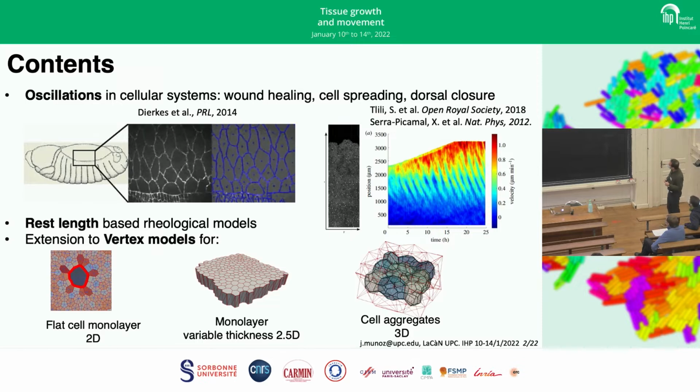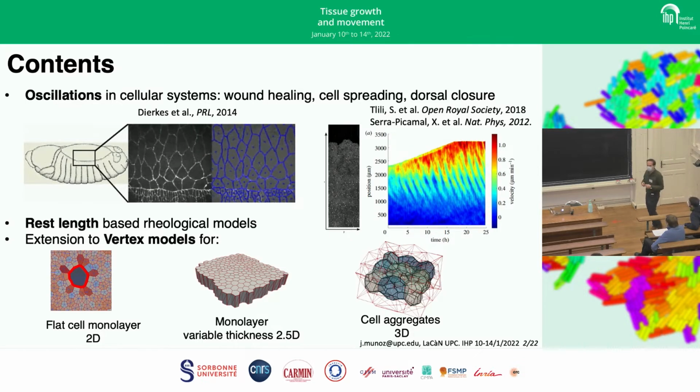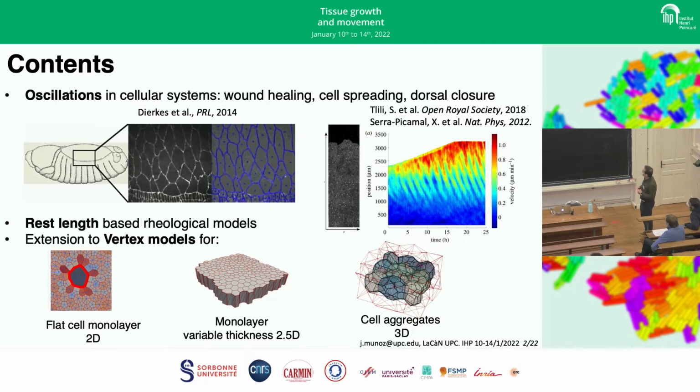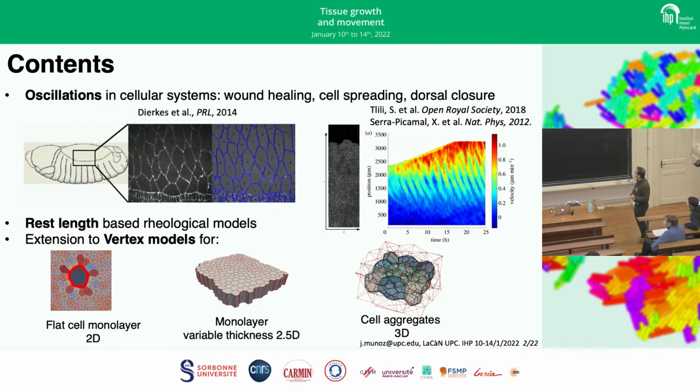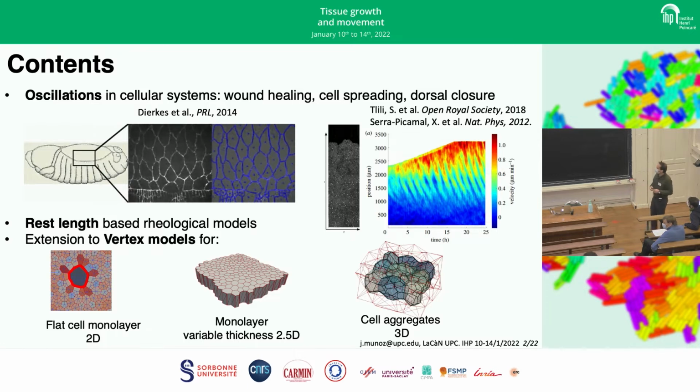The models that we have been using are continuum models with finite elements, which I will show some of, but we were extending them because what is happening at the cell-cell junction also matters. By construction, it's a continuous system that we have. So in order to have the forces at the discontinuities, we resort to a vertex model that I will show in 2D, with how we can introduce these oscillations.